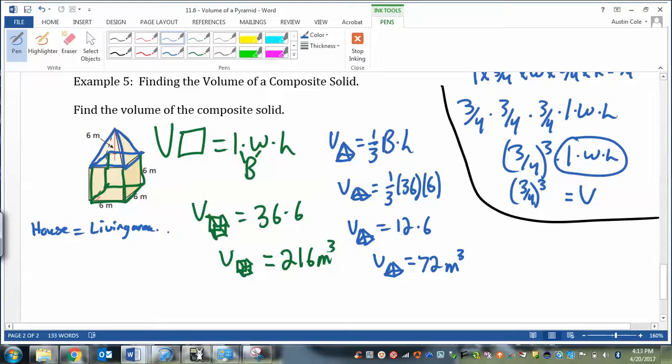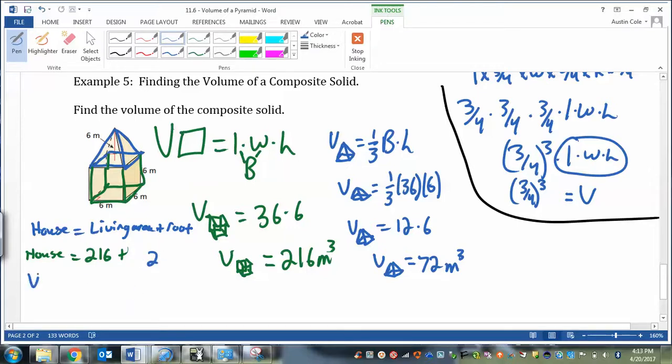Anyway, living area plus the roof, right? That's the volume of your house. So you got 216 plus 72. If we substitute in here, house equals the living area, which we said is 216, plus the roof, which we said is 72, or the attic, or whatever else you may call it.